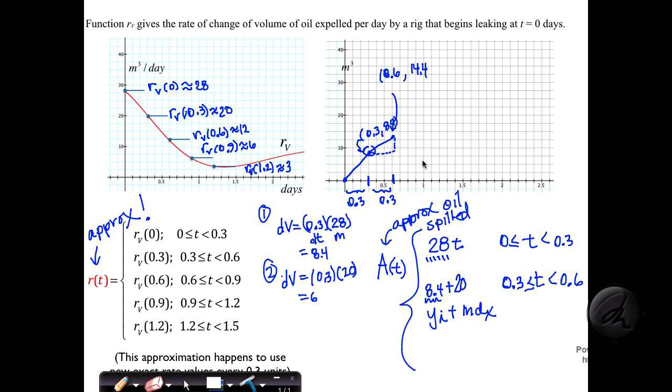Well, in general, I don't have to go all the way across. I want to know not how far I am from 0, but how far I am from 0.3. T, or t minus 0, is how far you are from 0. If I want to know how far I've moved away from the beginning of this interval, it's dt, x final, or t final minus t initial. If I'm in this interval, the beginning of the interval is 0.3.